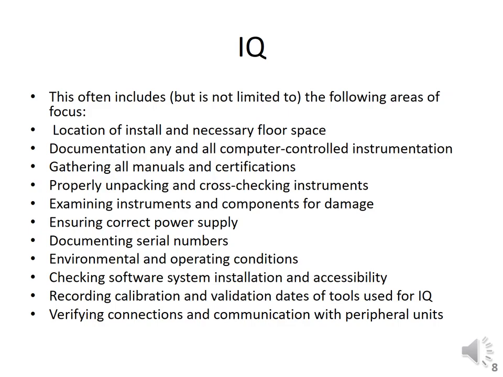Next is examining the instrument and components for damage. If the machine or the equipment is damaged during the transport or installation, that is not affordable. So you have to properly examine the instrument and its components, whether there is any damage in the components or the machine or not.